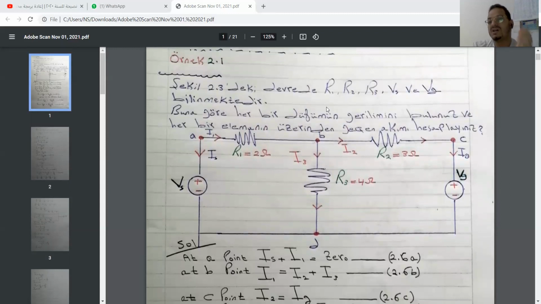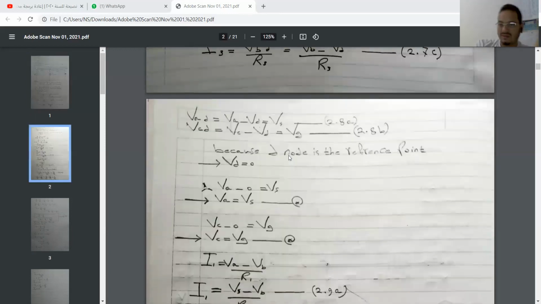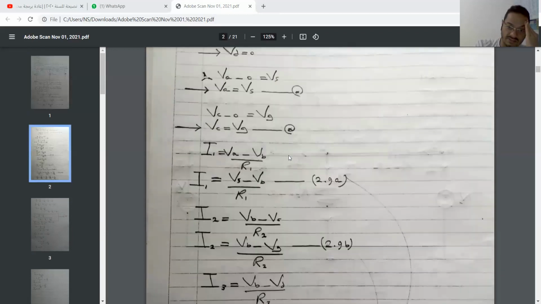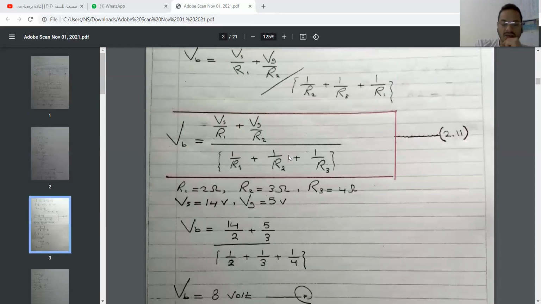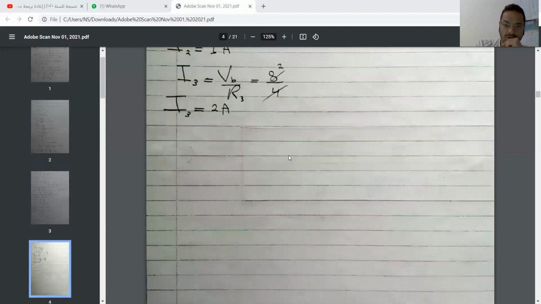After that, we can calculate the power, because both the current and voltage are known. The power equals the voltage times the current. But the author didn't ask for all of this. Let's go to question number 2.